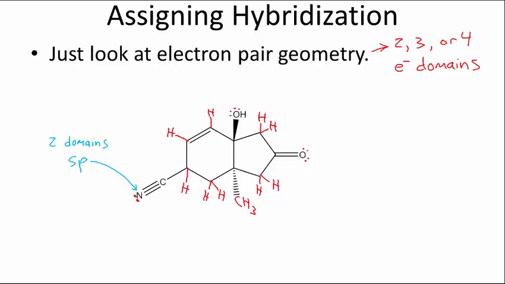How about the carbon next door? Same, also 2 domains, so also sp. Go through, assign every atom in the structure. I'll do it as well. We'll reconvene in a minute.